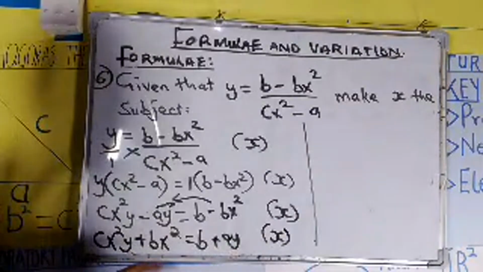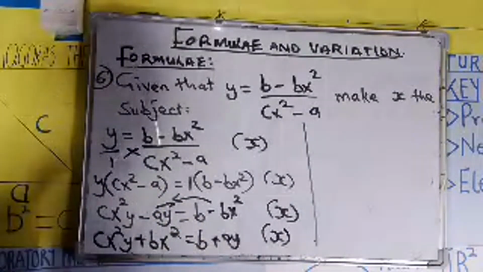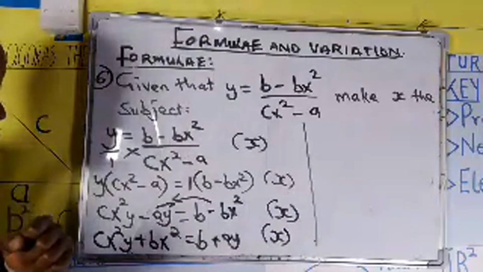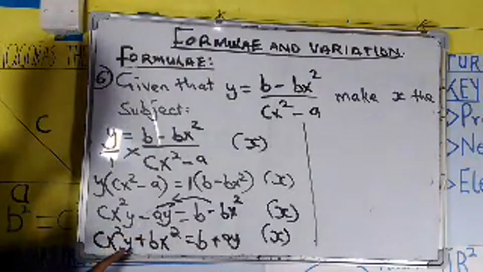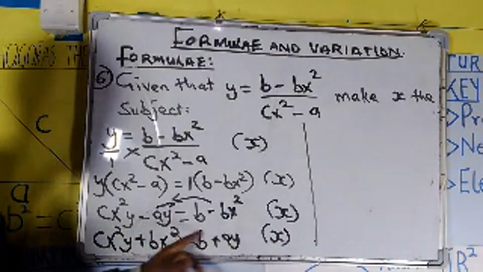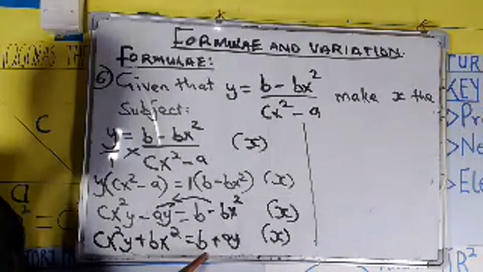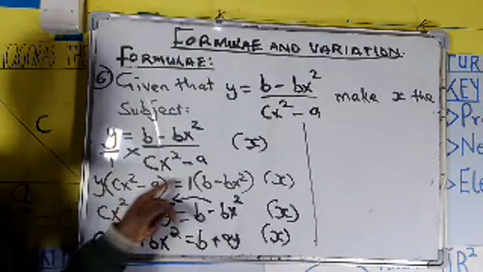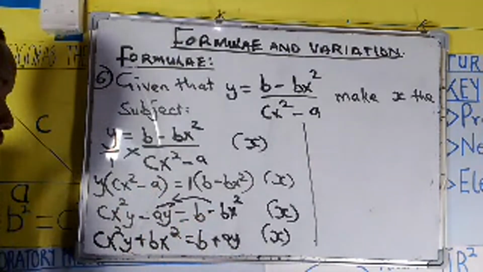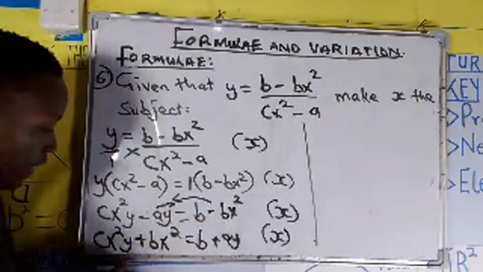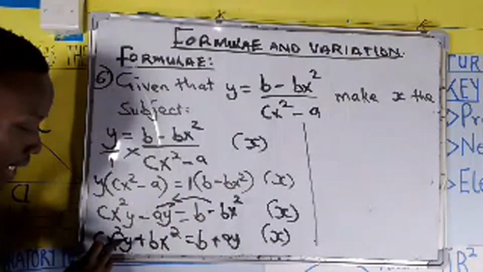Tumeleta hii na huku na tukapeleka hii the other side. So ikakuwa ch squared y plus bh squared, this was minus, so ikikuja huku itakuwa plus, is equal to b plus ay.